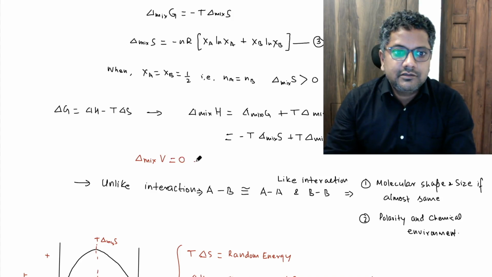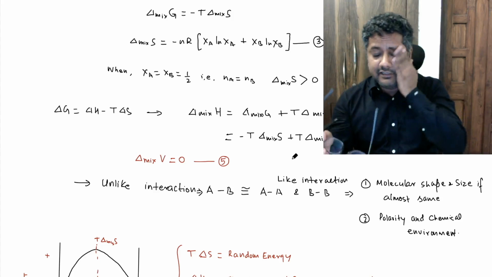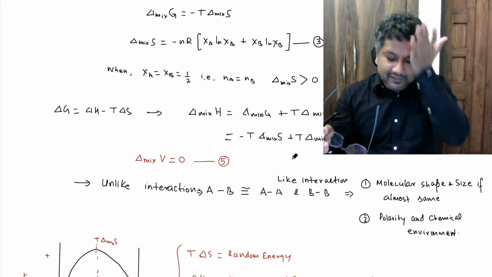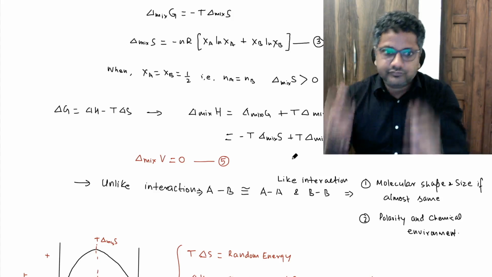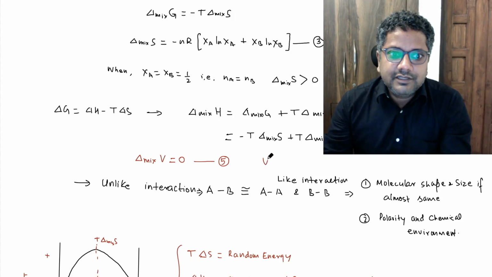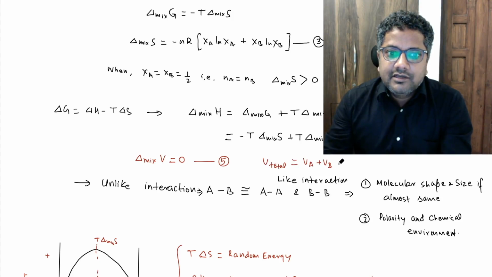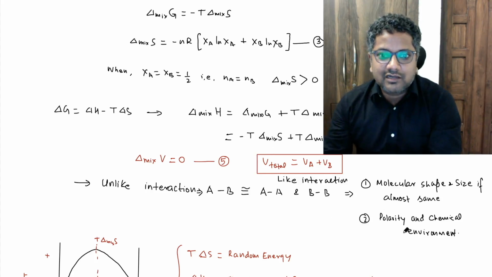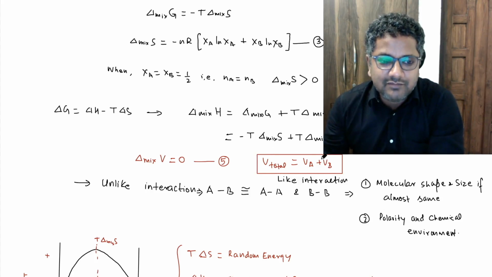Means you can say that V total is equal to VA plus VB, but you all know that this is very difficult for any system unless both have the same chemical environment.